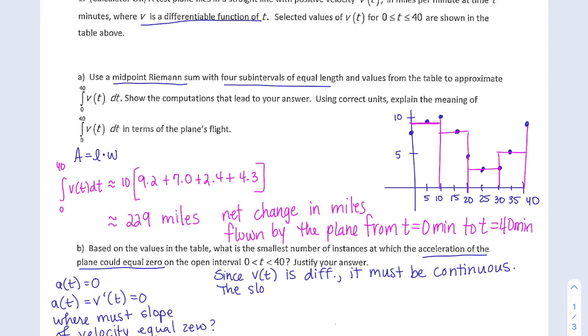The slope of the secant line through (0, 7.0) and (15, 7.0) is 0.